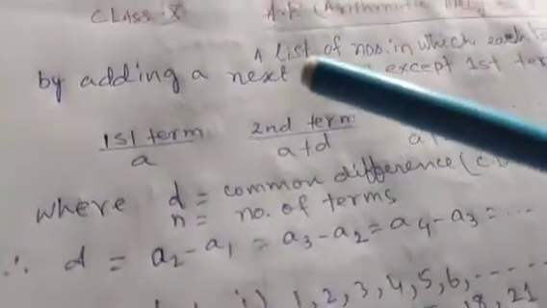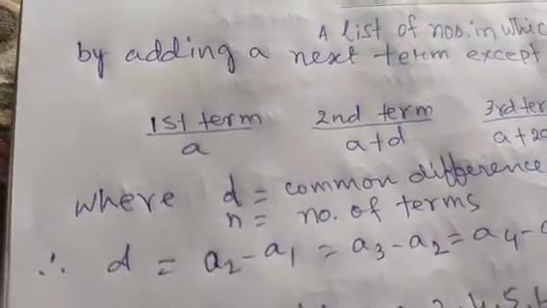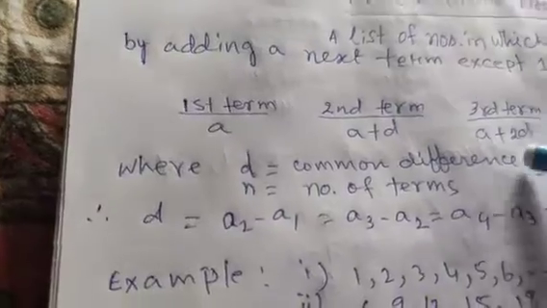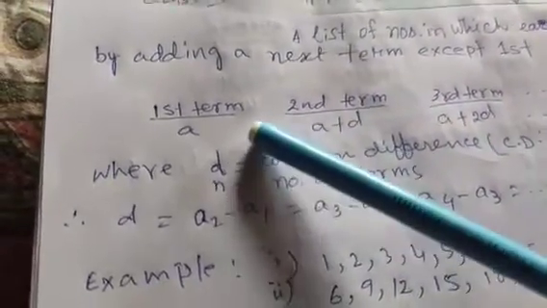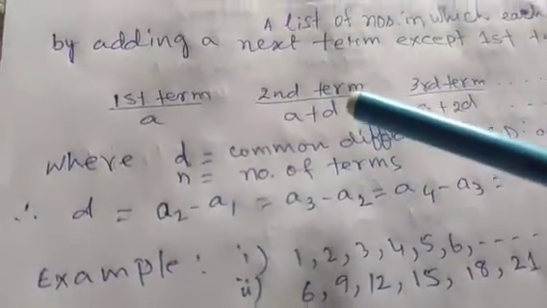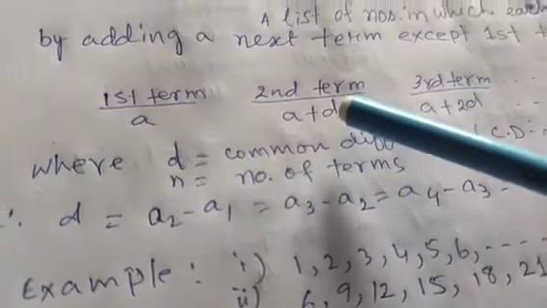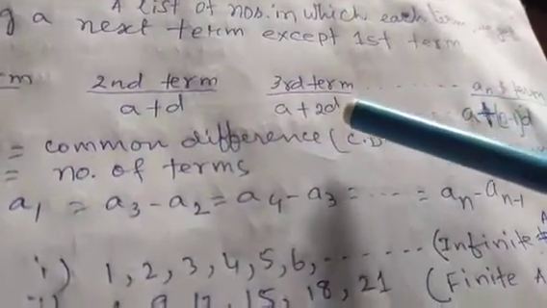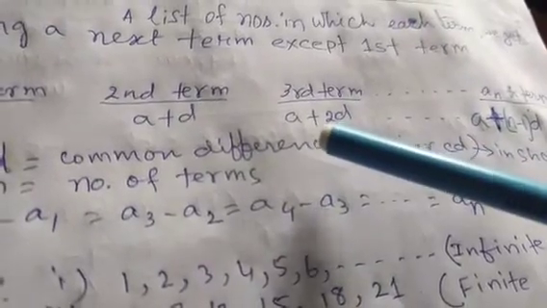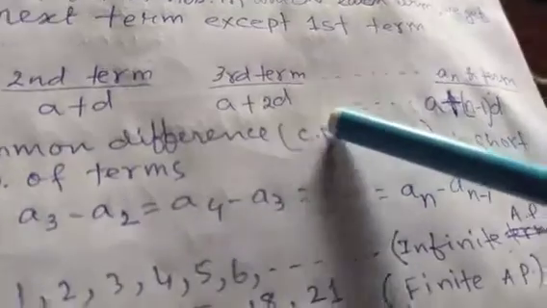Means if the first term is given, then we add some number and get the next term. Such as first term A, then you add D with this, then you get A plus D, then again A plus D plus D equal to A plus 2D.